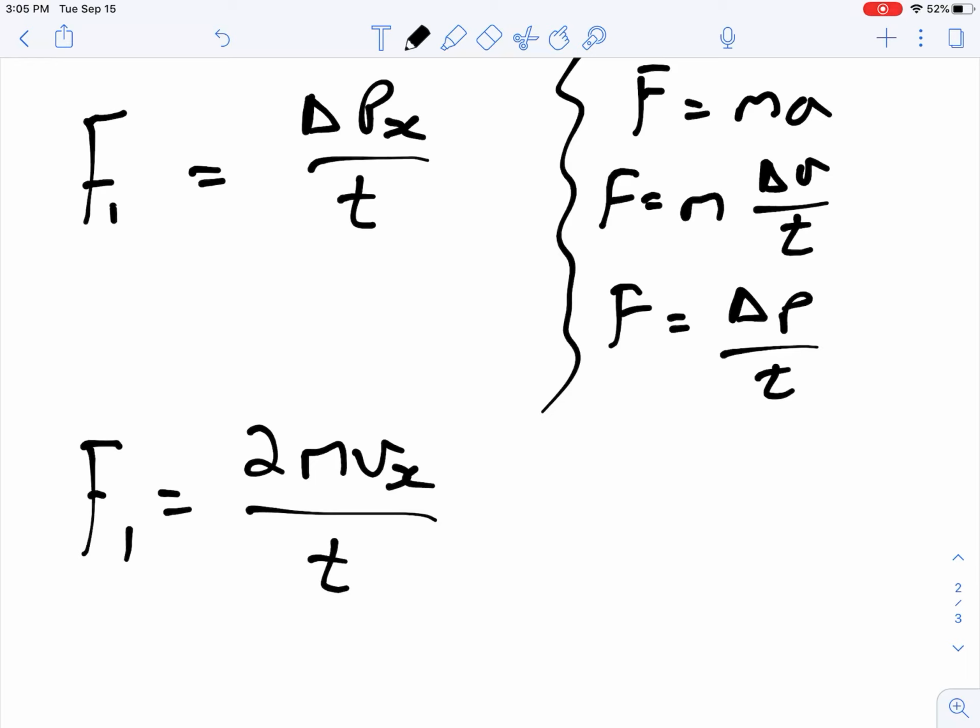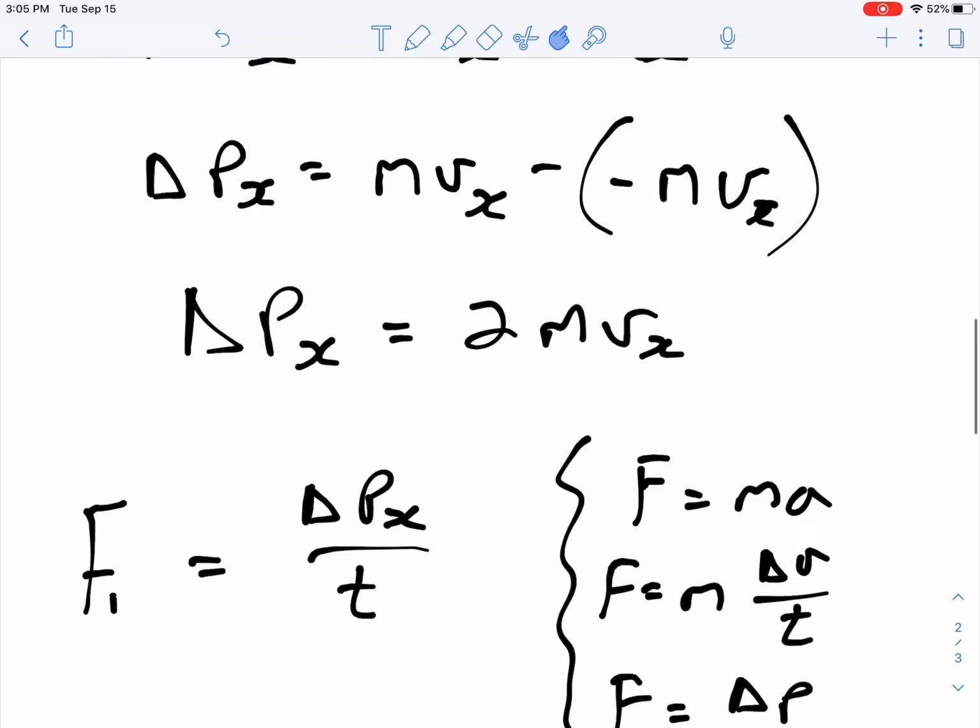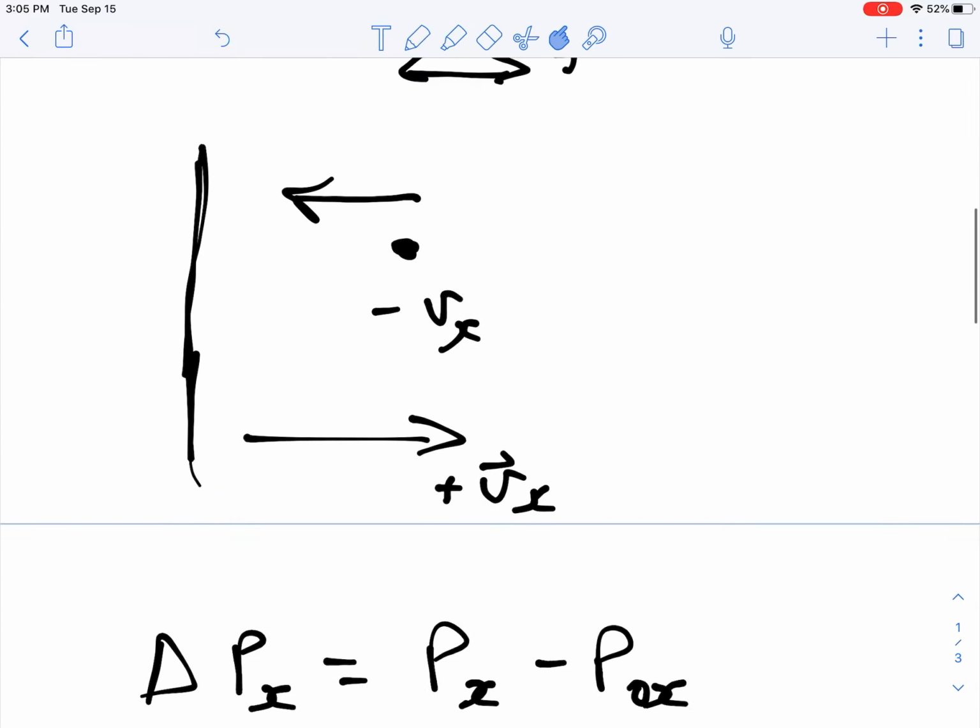Cool. Well, time. How much time does it take between collisions? So I'm going to scroll back here so I can illustrate this. If we envision a particle traveling this way, hits the wall, exerts some force on that wall, we're calling it F1, and experiences a change in momentum, now that particle is going to go this way.